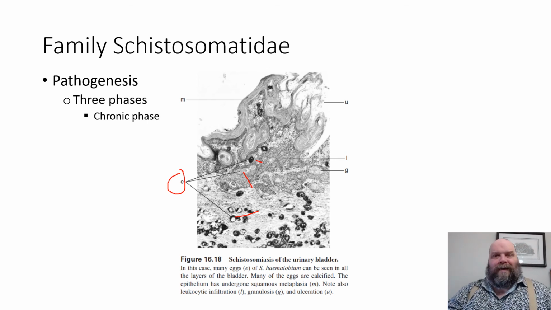They're being propelled. The eggs aren't swimming. They're not moving. Remember, there's no musculature, nothing like that. They got about as much movement capability as my phone does. But they're being propelled through the tissues by the tissues themselves, by the immune cells that are forming the granuloma.